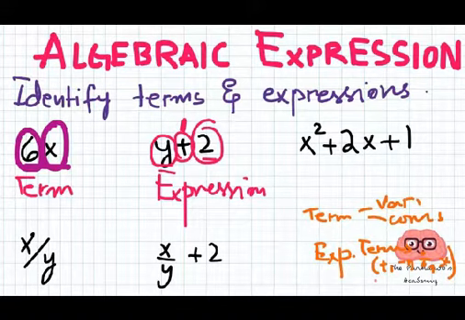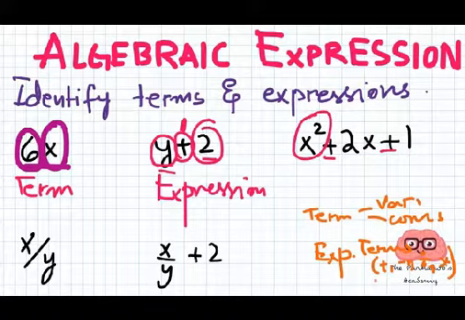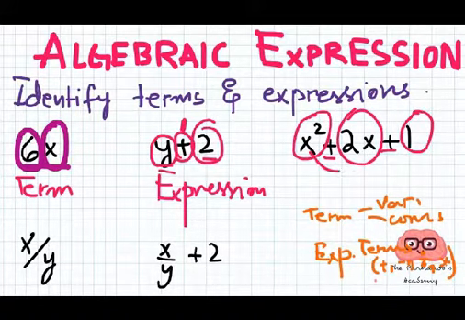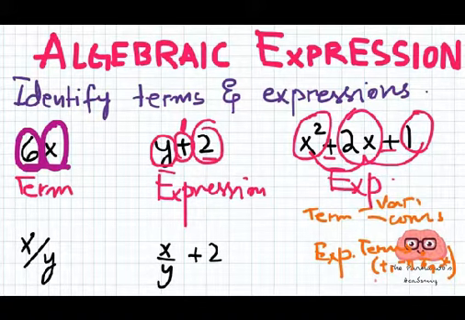Let's see here whether it's a term or an expression. You know very well we have operators in it, and this is a term, this is the second term, and this is the third term. The terms are separated by the plus operator, so this is also an expression. Now let's see here, we have x over y, so this is the division sign basically.